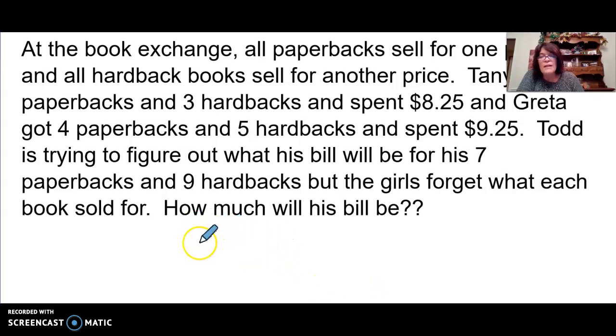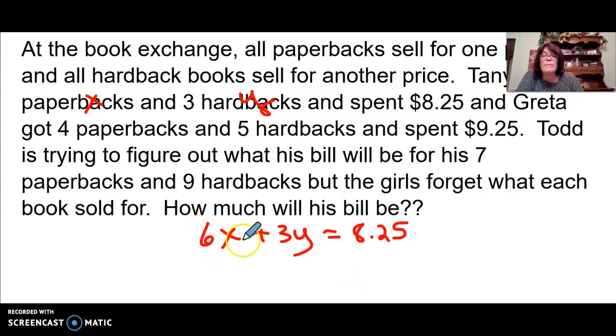Okay? So what we want to do is set up a system of equations here. Tanya got 6 paperback books. Let's let x be the paperback. She got 3 hardback books. We'll let y be the hardback books. She spent $8.25. So 6 times however much a paperback book costs plus 3 times however much a hardback book costs should equal $8.25.